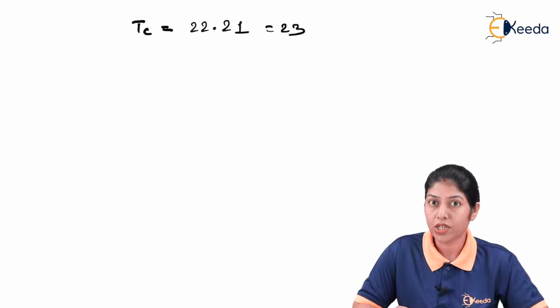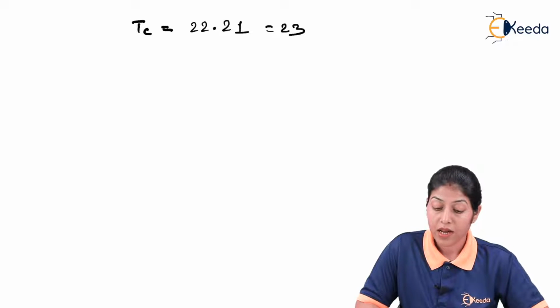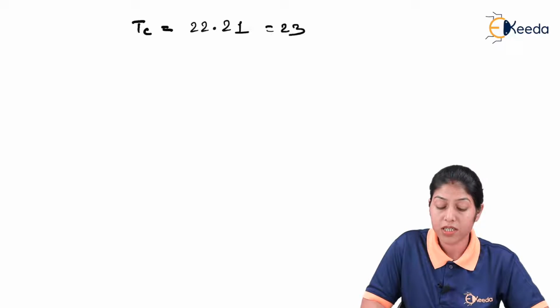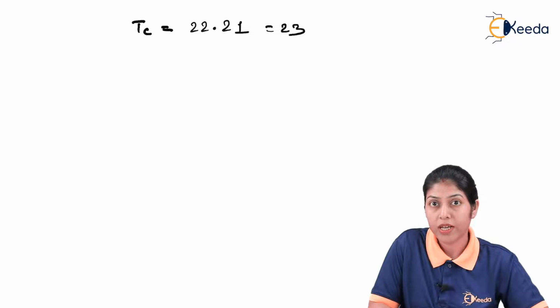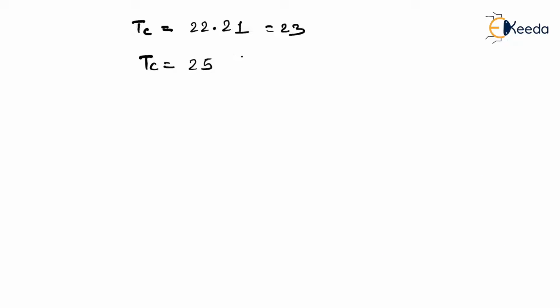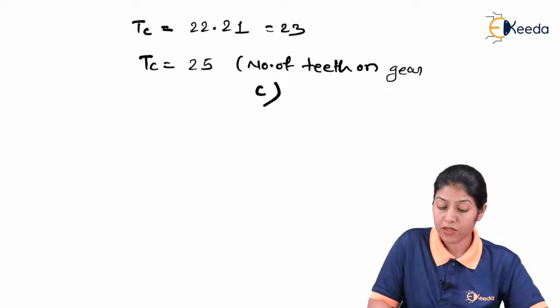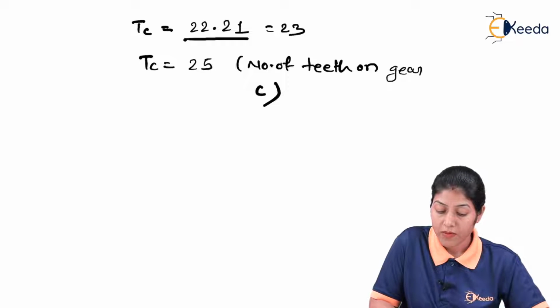But one condition is given here, that the number of teeth should not be less than 25. So this TC, we should have 25. The TC value 22.21 is representing the value in decimal.